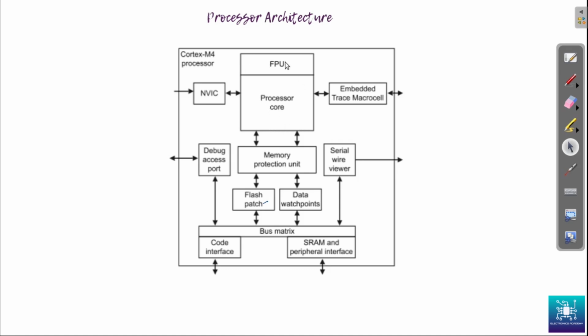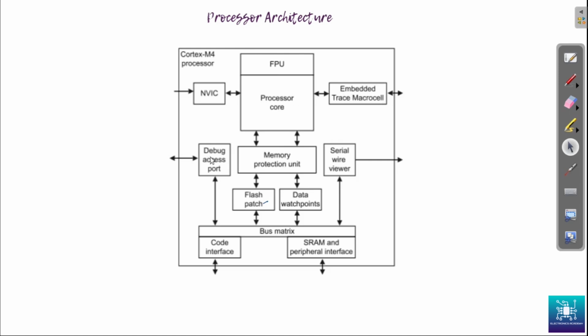And then Cortex-M4 has a floating point unit sitting on top of that, which does the floating point calculations. Then it has the trace unit, that is, tracing is a feature of debug. So if you want to take traces of your application, this is the trace unit for that.